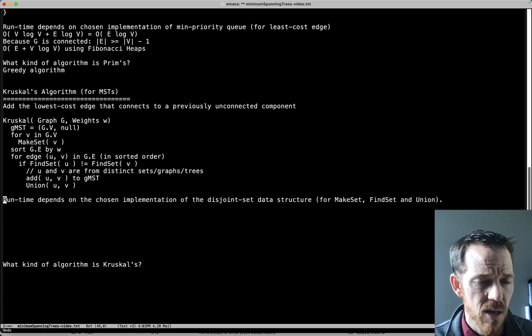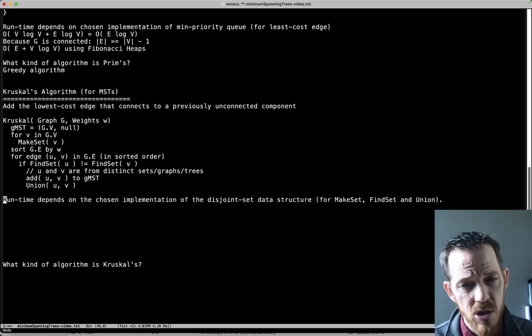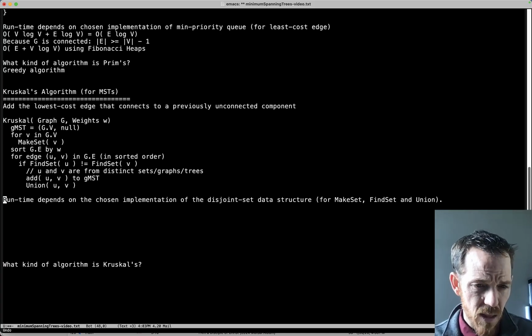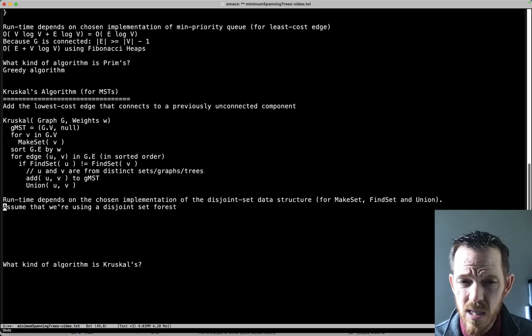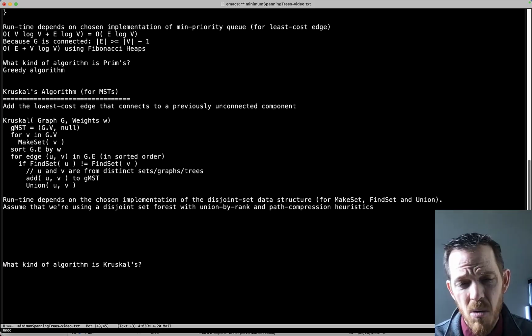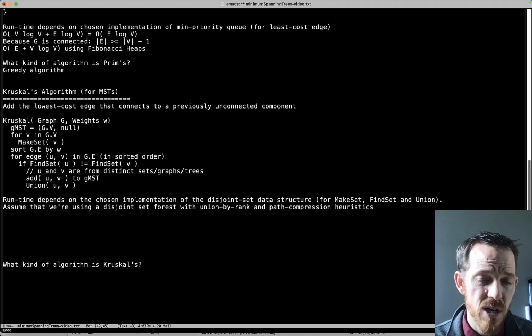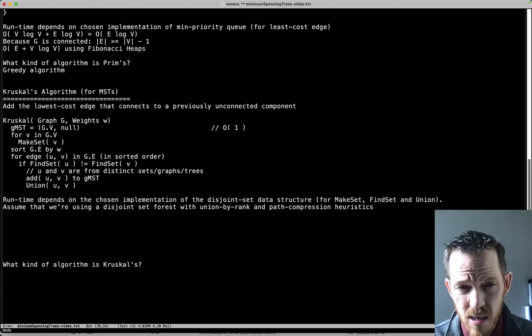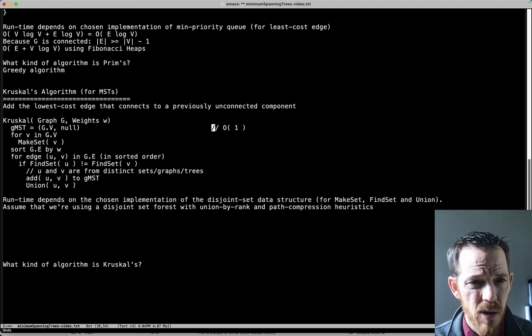So here, the runtime really depends on our chosen implementation for our disjoint set data structure. How are we going to implement the make set, find set, and union? I'm going to assume that we're using a disjoint set forest with union by rank and path compression heuristics. So let's go through each of these parts here. To create a new graph, we could be order 1 or order V, depending on how we implement that.